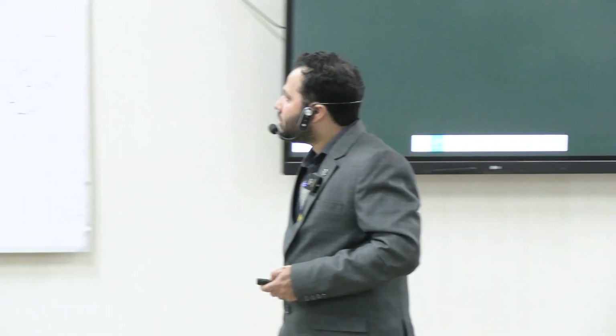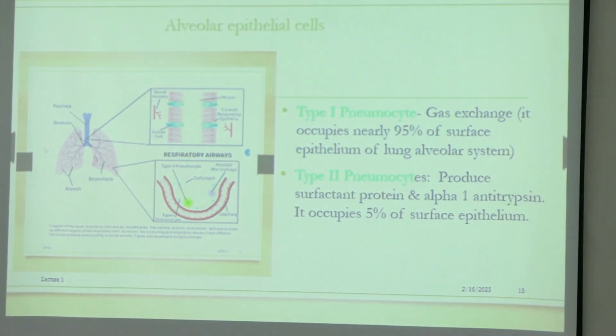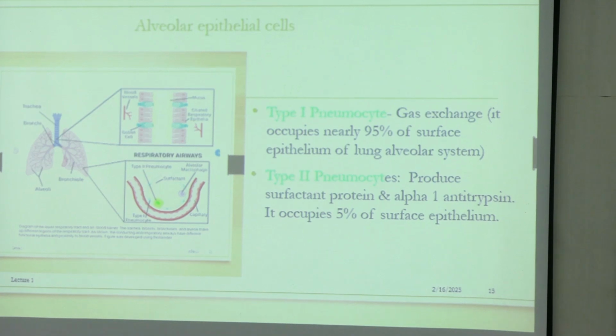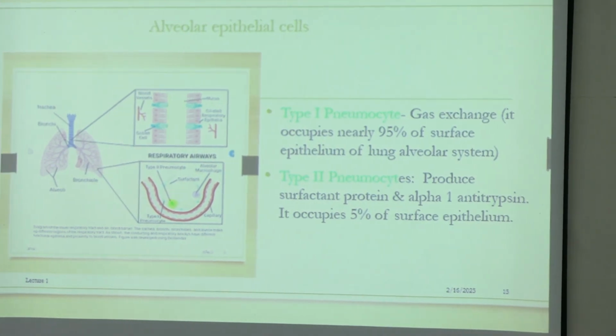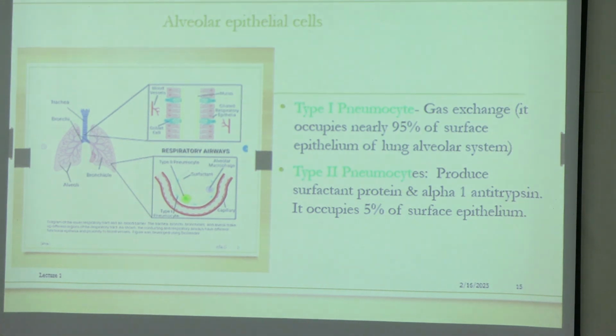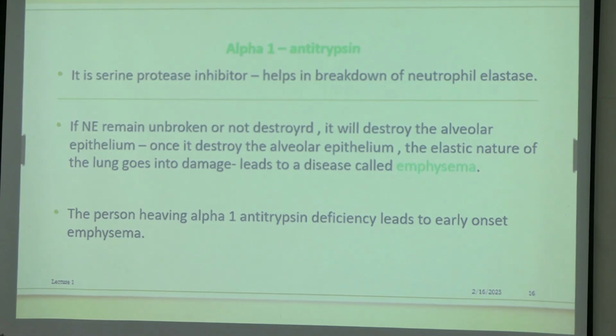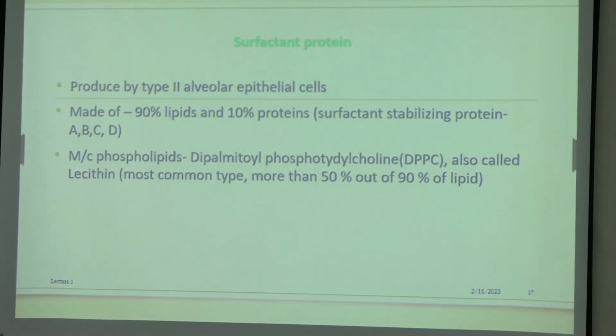Now, here you can see the type 1 pneumocytes and type 2 pneumocytes. Both are involved with certain functions. We already know about the function of alpha-1 antitrypsin. So, what is the role of surfactant or surfactant protein?